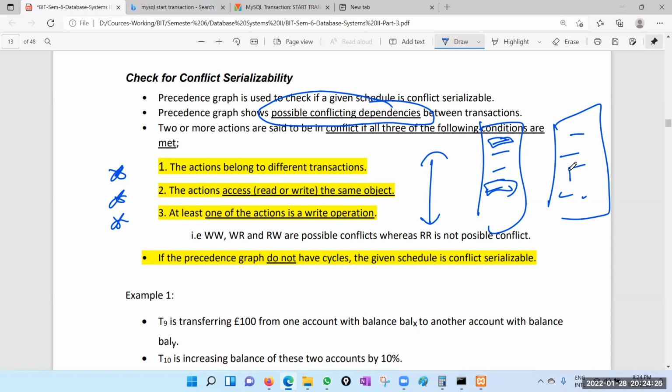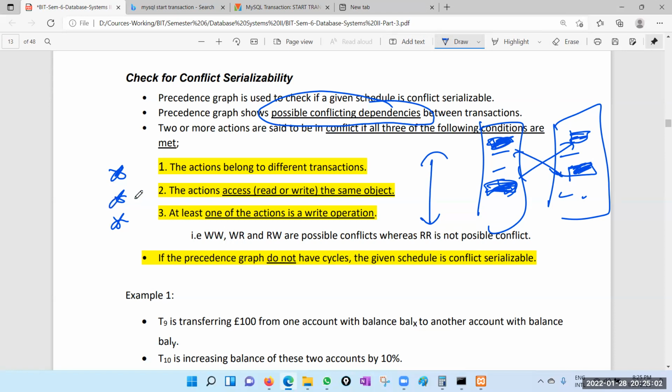But if they are from different transactions, we are not saying that they always conflict, but that potential of conflict is there. So first we look for the potential conflict operations, then we check whether they are actually conflicting.